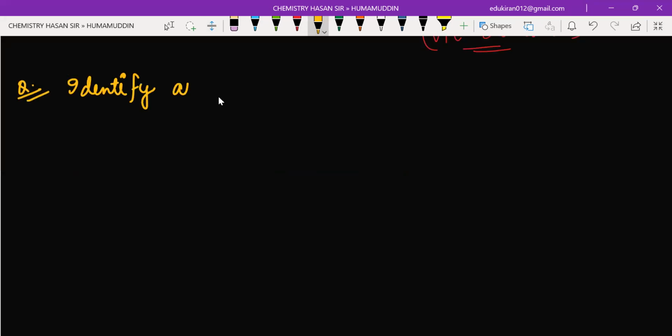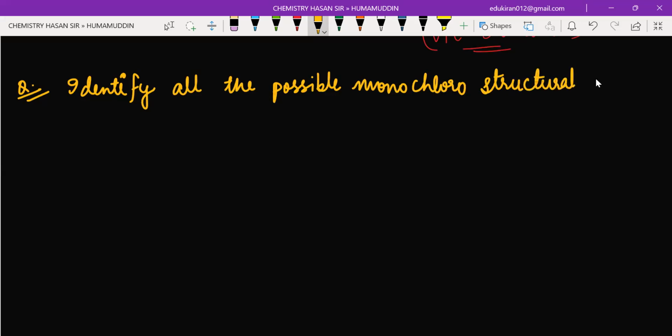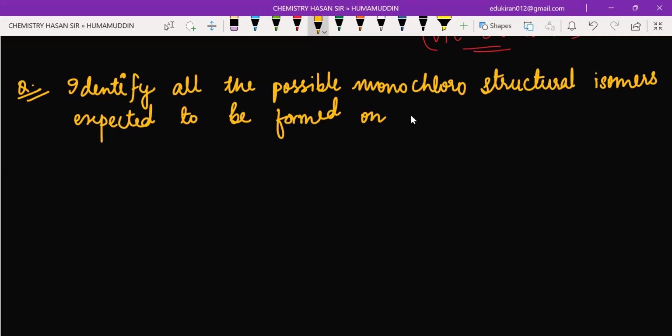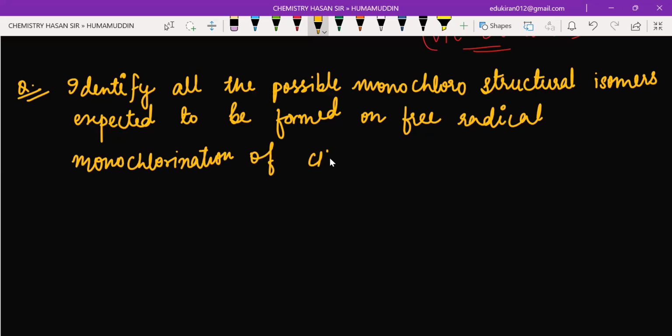Identify all the possible monochloro structural isomers expected to be formed on free radical monochlorination of (CH3)2CHCH2CH3.